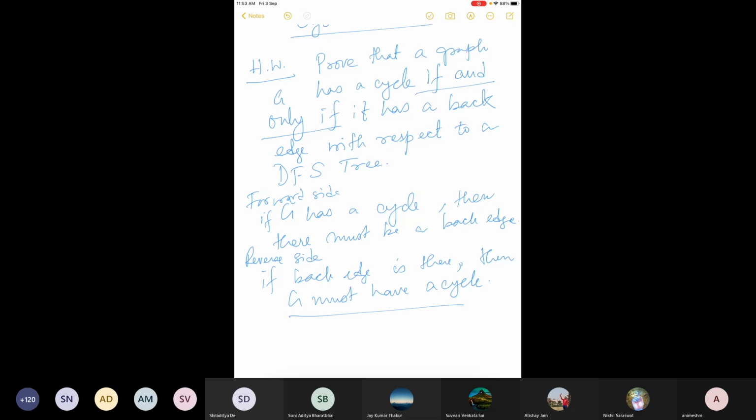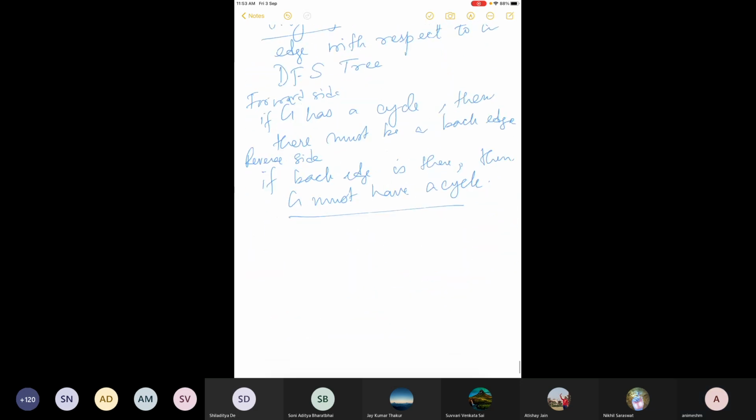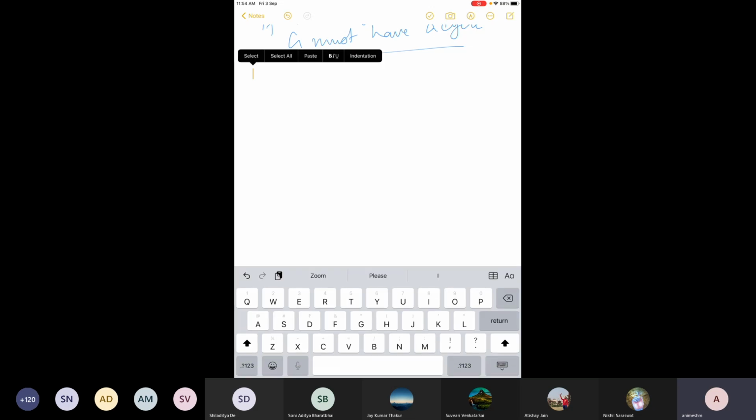So let us assume that this is a theorem, and assuming that this theorem is true, can we write an algorithm to find whether a graph has a cycle or not? This is also called the algorithm for cycle detection.